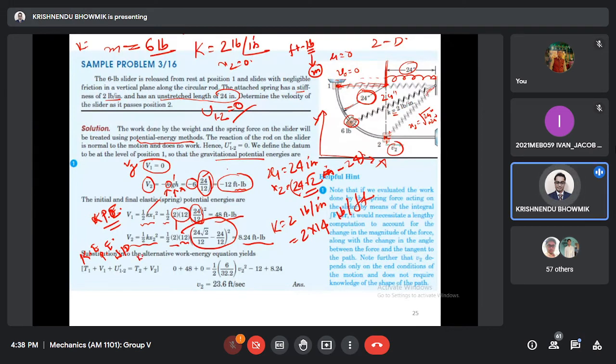T2 is the kinetic energy at 2, V2 is the potential energy. So initially kinetic energy is 0, then potential energy, work done. This is the kinetic energy at 2.